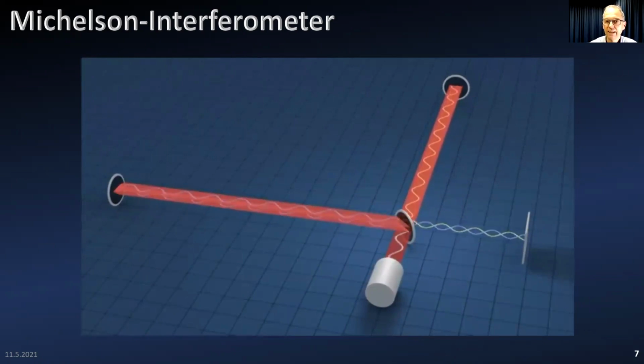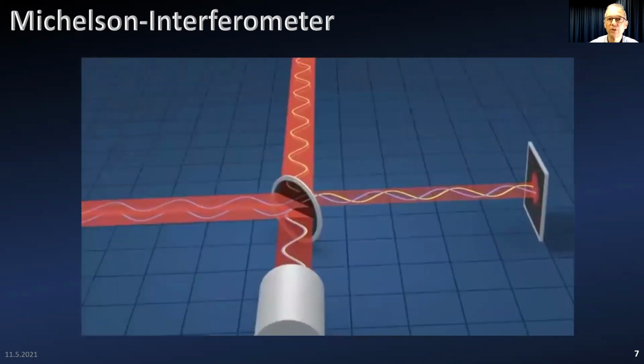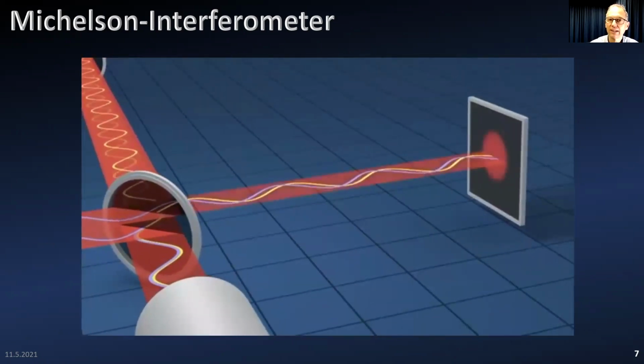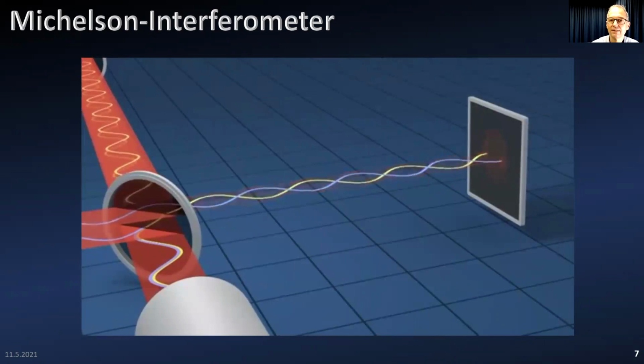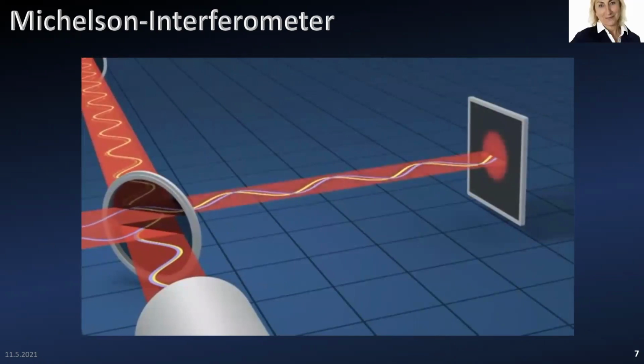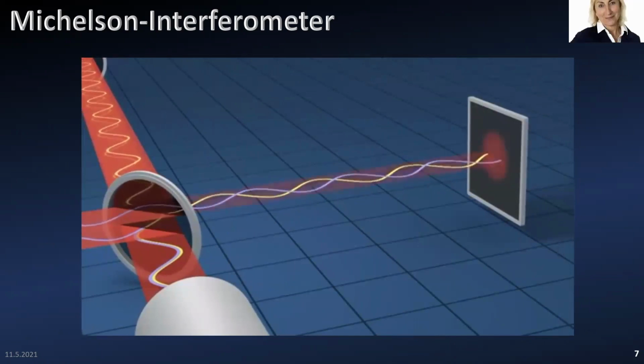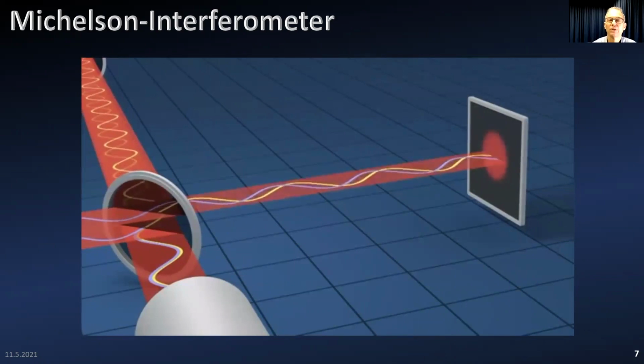And if the valley of one beam falls onto the hill of the other, then there's darkness on the output. And that's exactly how we operate the interferometer, darkness on the output. If then a gravitational wave comes and moves the mirrors, this is no longer the case. And then we suddenly see light on the output. And we see the light on the output proportional to the amplitude of the gravitational wave. That's how we detect it.